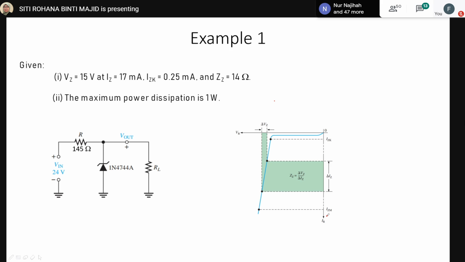So PZM is the maximum power that the Zener can hold or can handle.